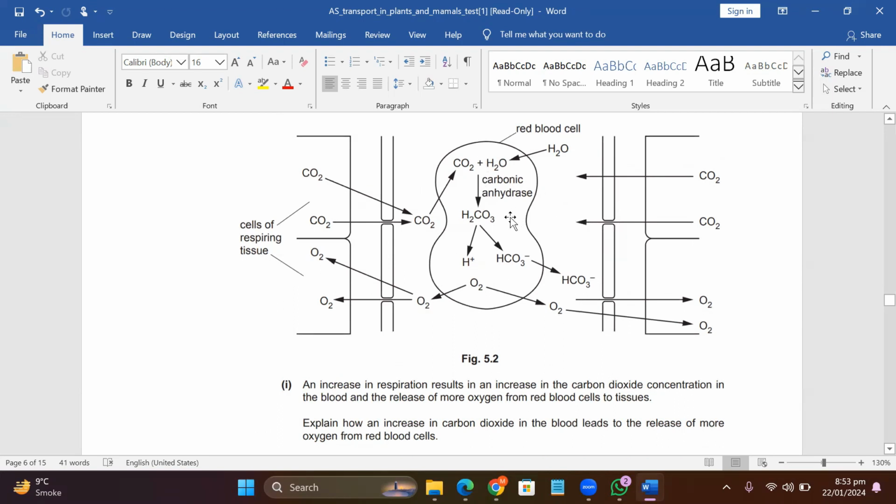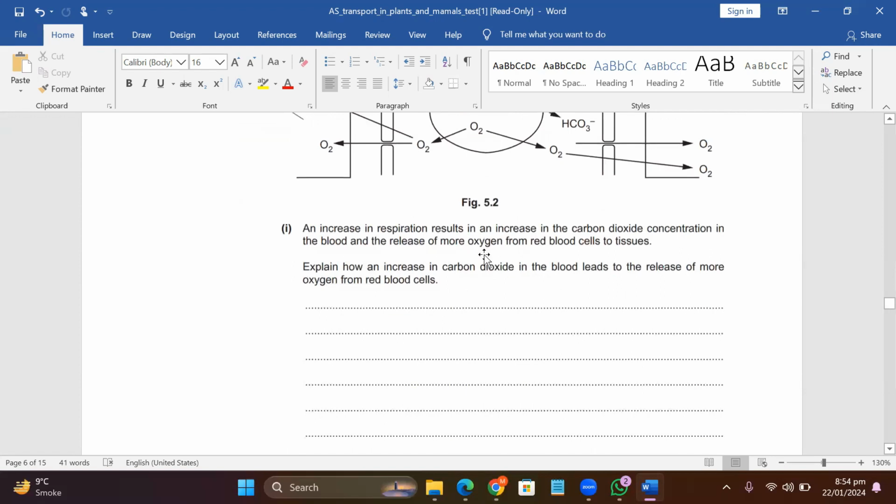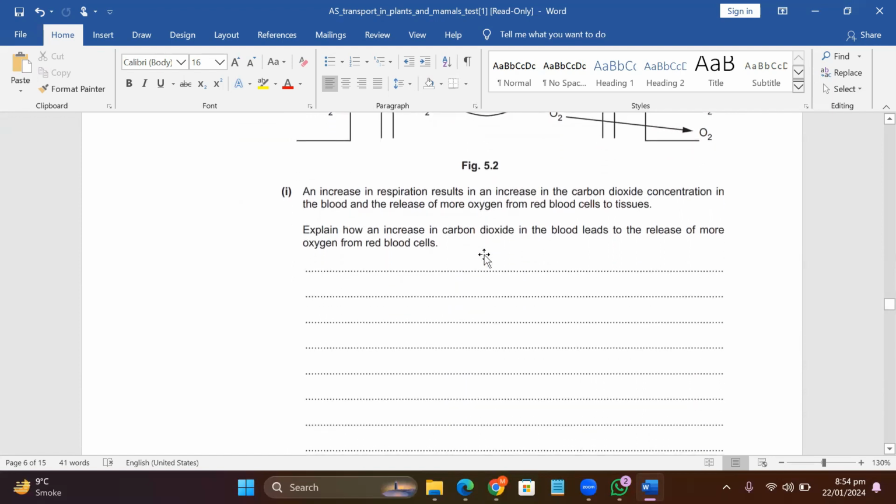What is happening here in the bloodstream is the Bohr shift. Carbonic anhydrase converts carbon dioxide and water into carbonic acid, which dissociates into bicarbonate and hydrogen ions, and this is how oxygen is given off from the hemoglobin, and oxygen goes into the tissues. An increase in respiration results in an increase in carbon dioxide concentration in the blood and the release of more oxygen from the red blood cells to the tissues.